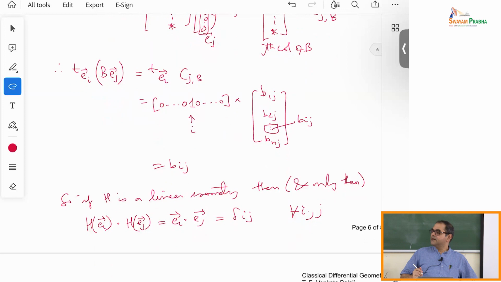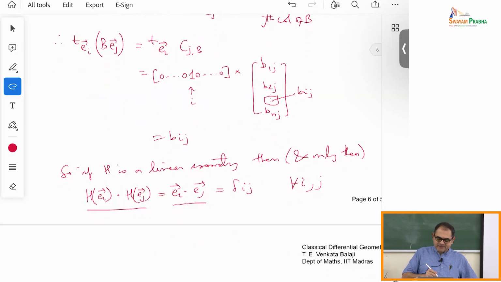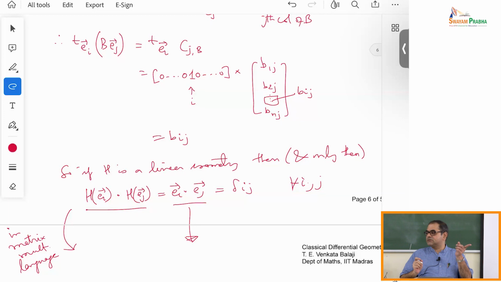Okay, but now translate all this into matrix language, in matrix multiplication language. When you take two vectors and multiply them, you take the transpose of the first vector and simply multiply with the second vector.